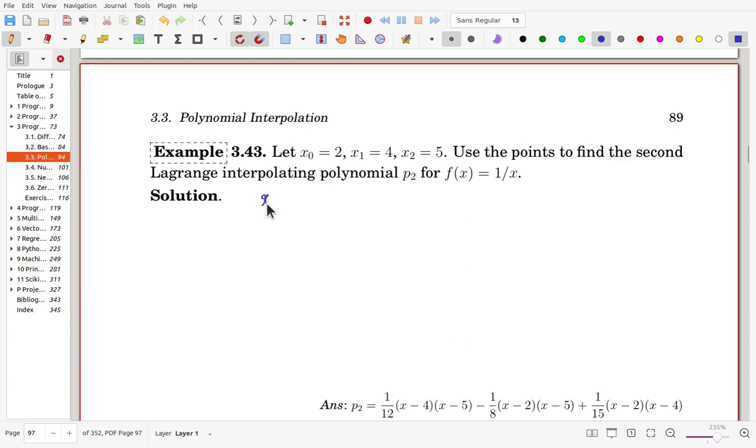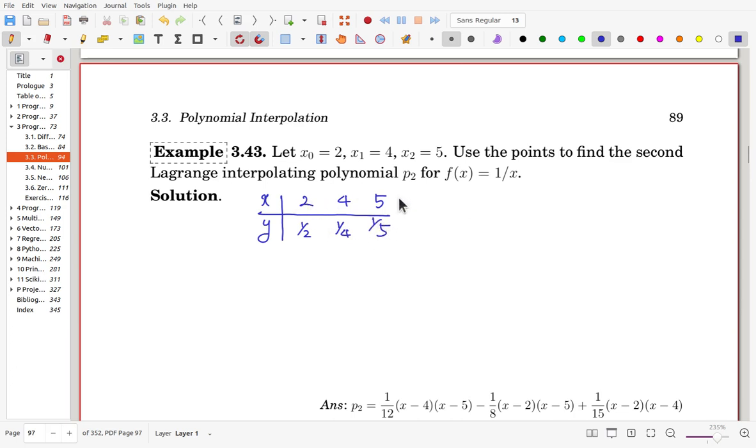Okay, so let's try to make a data table. Here 2, 4, 5. And then the y values must be 1 over 2, 1 over 4, and 1 over 5.